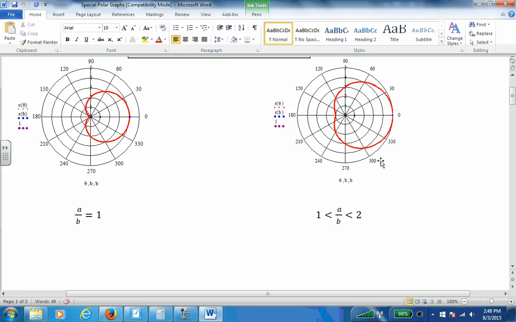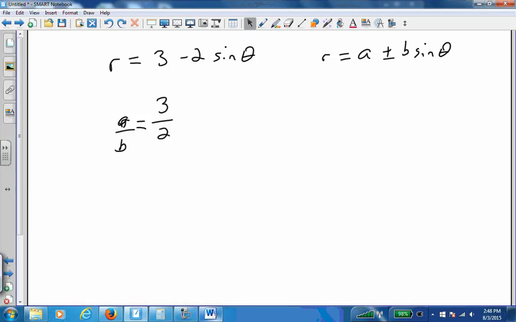These two are equal distances from the origin. This is noticeably different from this. And the different ones do have more specific names for them. But to be honest, I don't remember all of those.